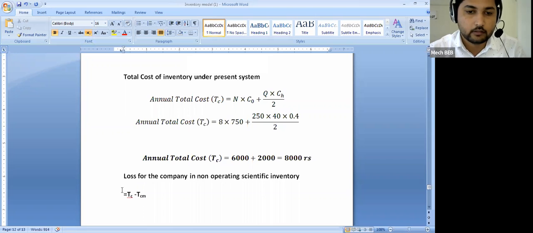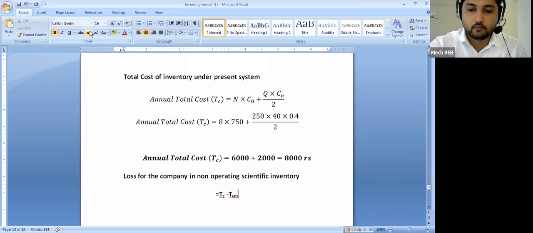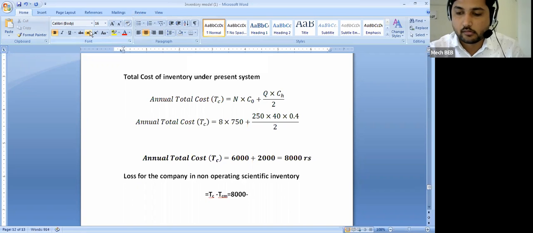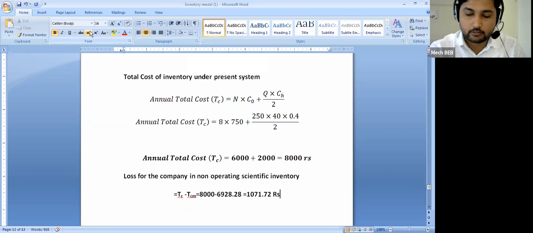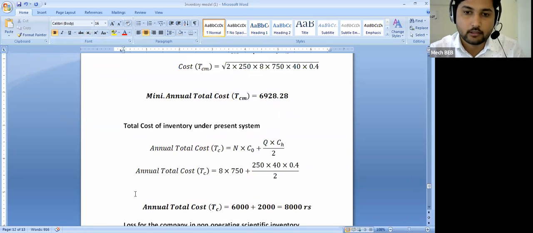The difference between these two will be considered as the loss, which is equal to 8,000 minus 6928.28, which is equal to 1071.72 rupees. So that much loss needs to be borne by the company if the company will not follow scientific inventory management.